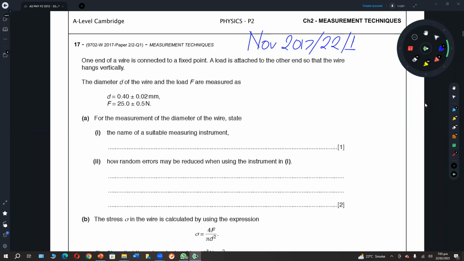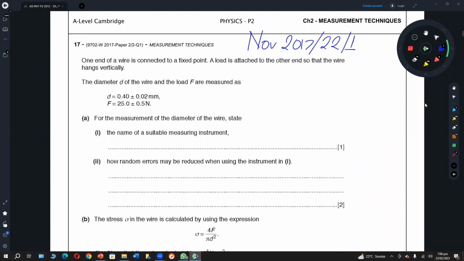Good. So we start the question. One end of a wire is connected to a fixed point. A load is attached to the other end so that the wire hangs vertically. The diameter of the wire D and the load F are measured.